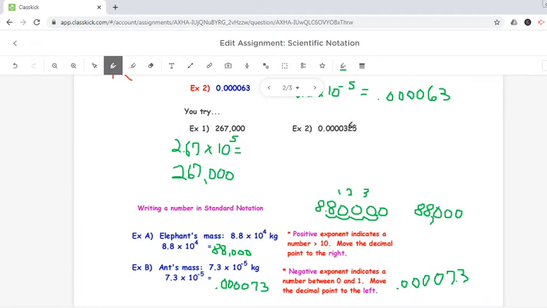Let's see. This would be 3.25. 3.25. 0.25 times 10. We want to make it smaller because this is smaller. So it's a negative. And so we'll have to do, let's see. 1, 2, 3, 4, 5. 5.